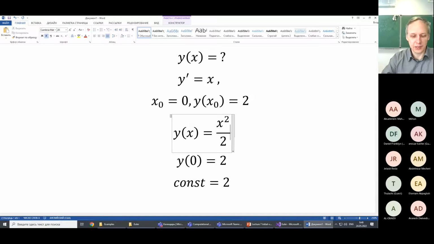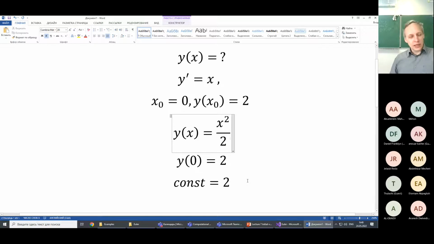The derivative of this function is x. The derivative of x squared equals 2x, and to get x, we should divide it over 2.